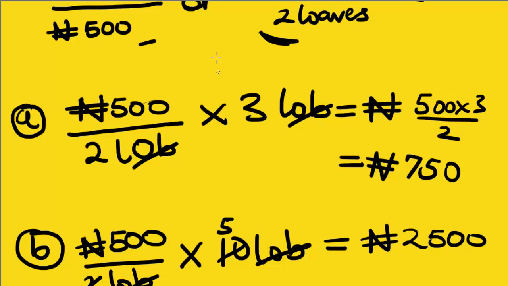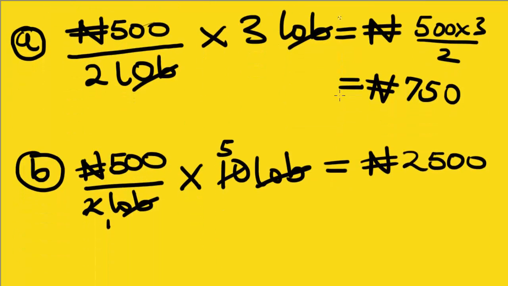In this case, I wanted to know how much for 3 loaves of bread. So I just multiply the given info by 3 loaves of bread, and I cancel out the units, and you just see that the only unit left is naira, and whatever you get will be in naira, and it will be the price of 3 loaves of bread in this case, and for this case 10 loaves of bread in naira.